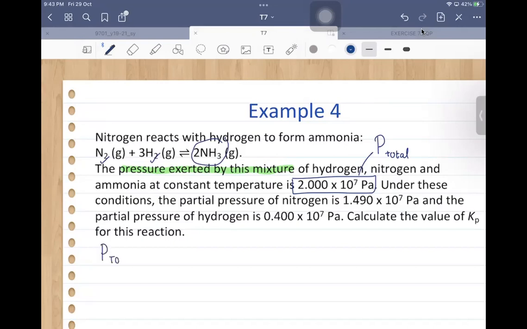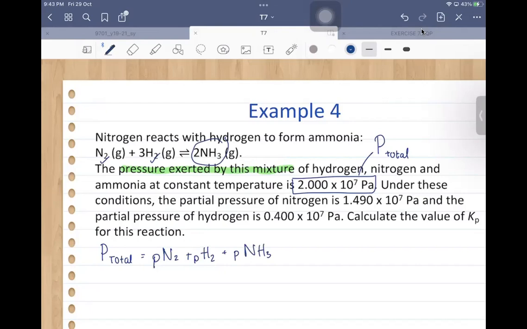We go back to this expression where P total is equal to partial pressure of nitrogen plus partial pressure of hydrogen plus partial pressure of ammonia. Imagine these 3 gases are in the system, in the mixture.